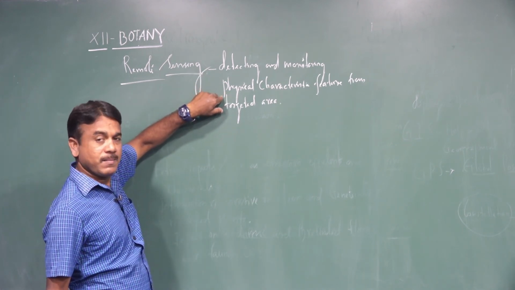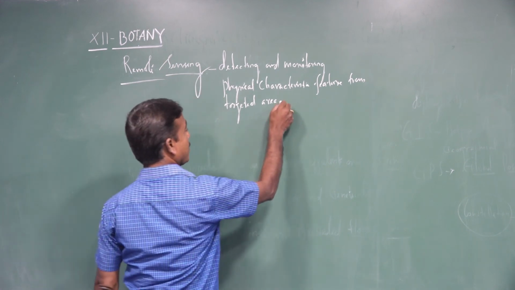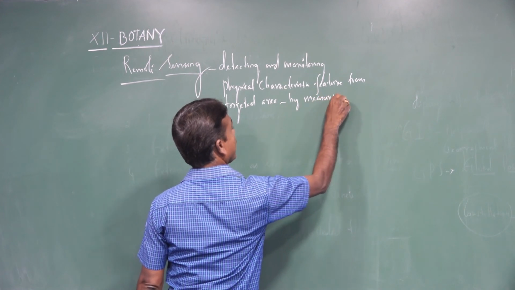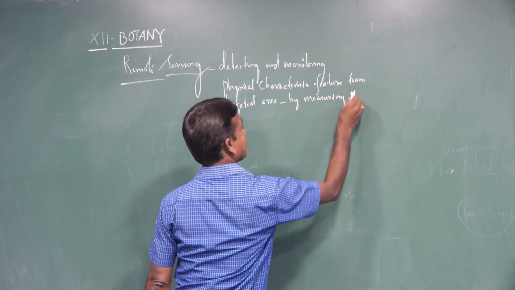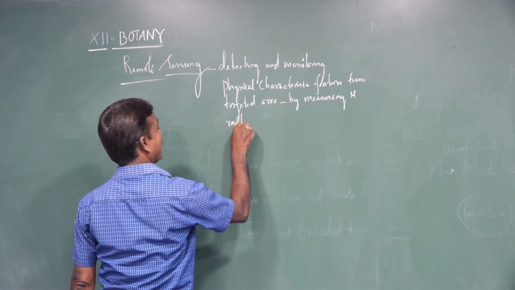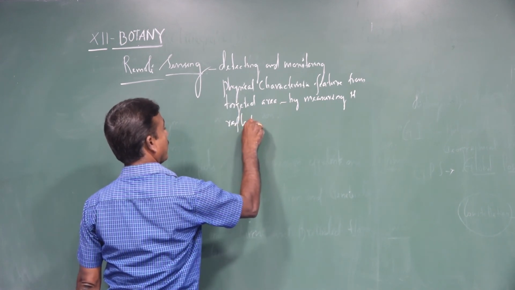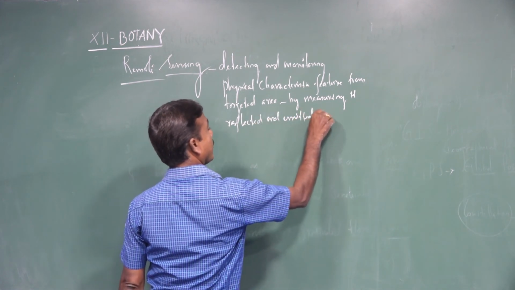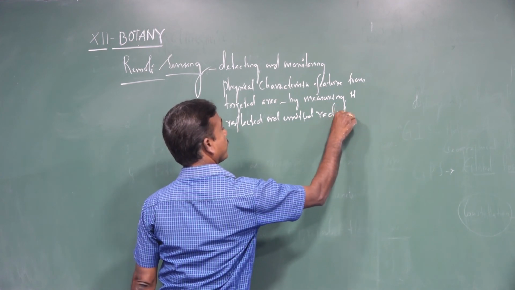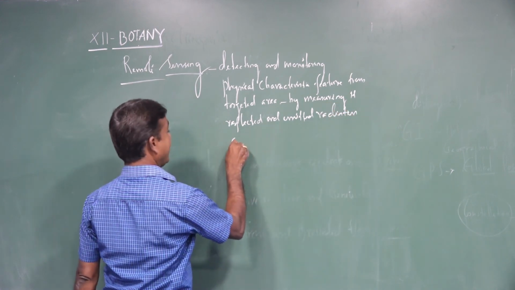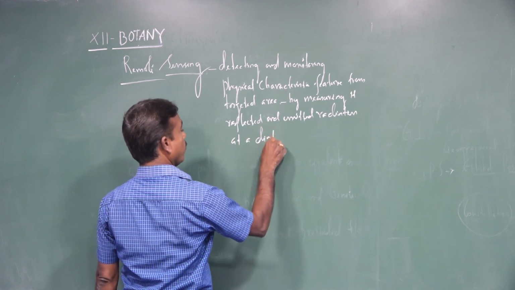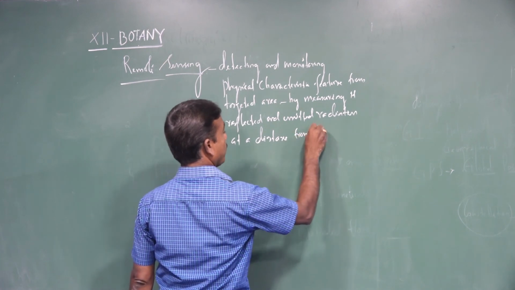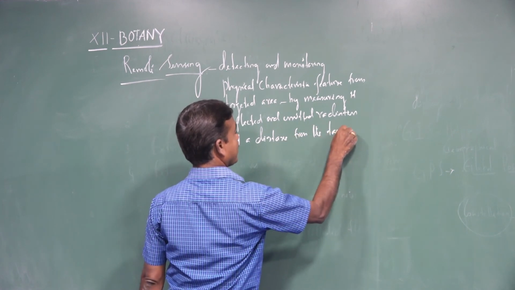How can it be determined? It uses an apparatus by measuring its reflected and emitted radiation at a distance from the targeted space.